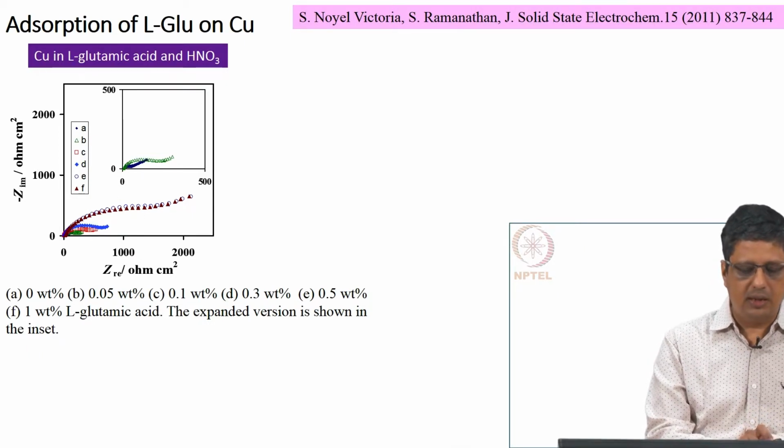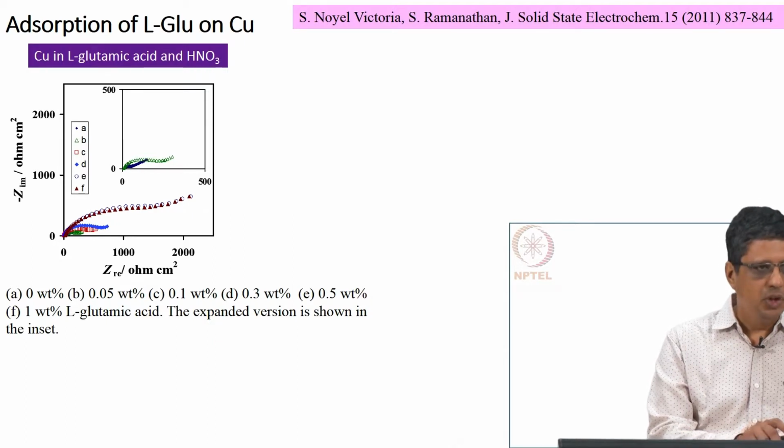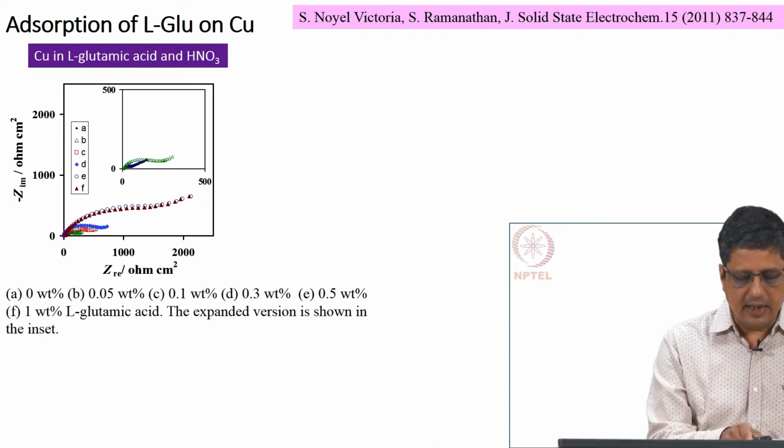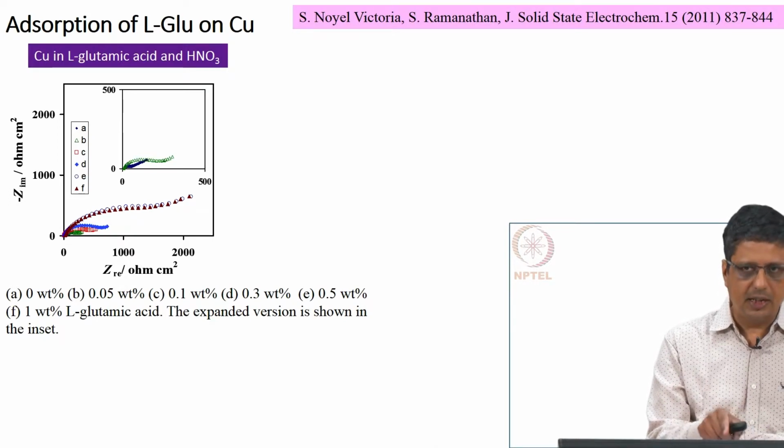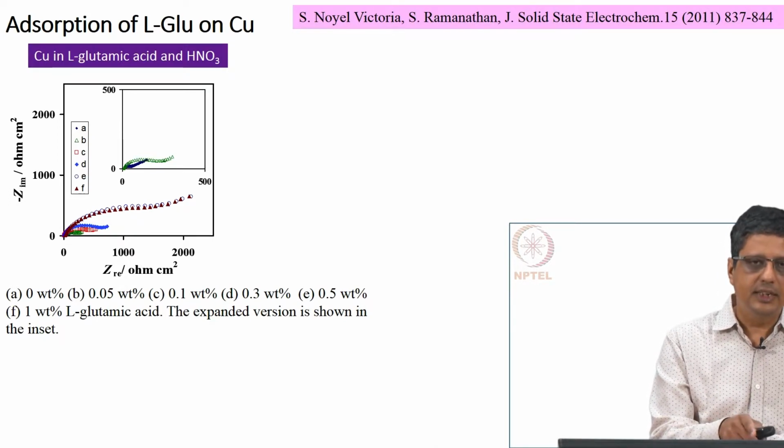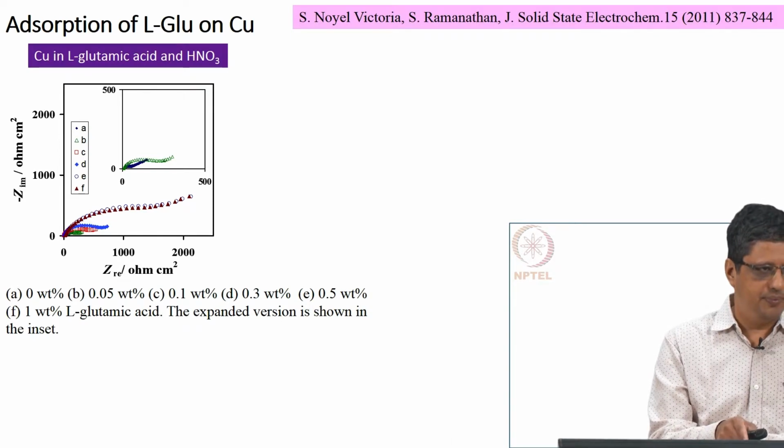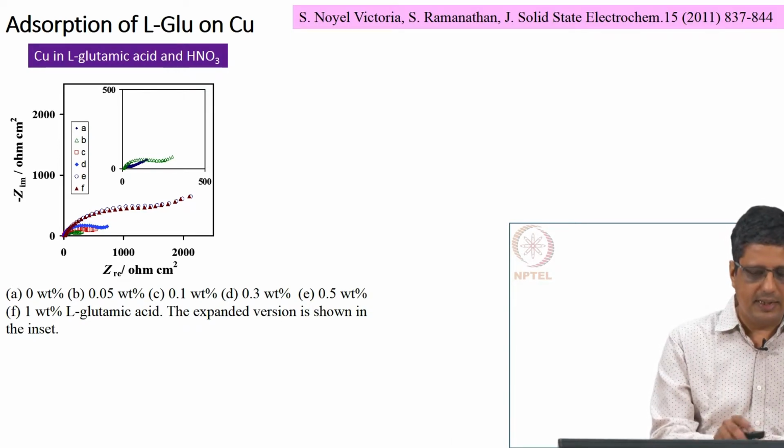If you use a small quantity, 0.05 weight percent of corrosion inhibitor, you see another semicircle in the green color, a semicircle followed by the 45-degree line, and you can see the impedance values are larger, and both are in the inset.